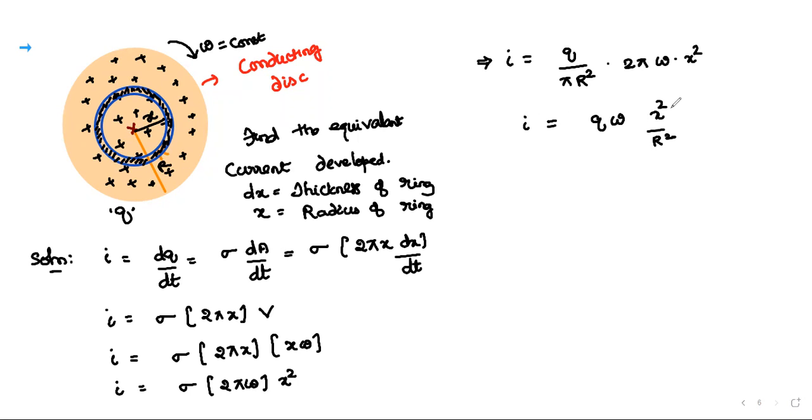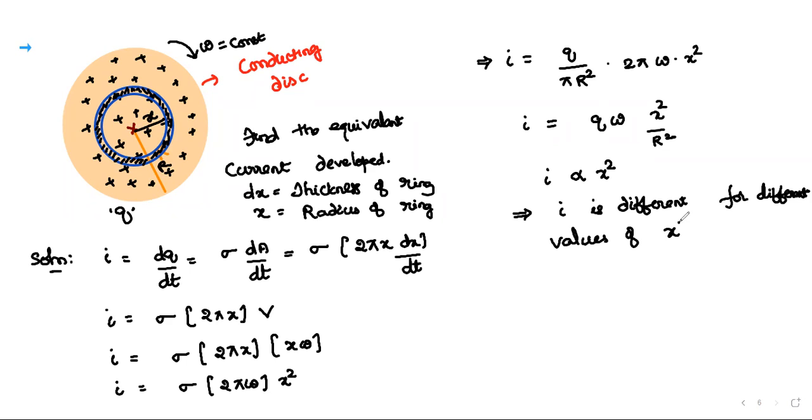This is the equivalent current. It looks like I is directly proportional to x square. That implies I is different for different values of x. This is the story now.